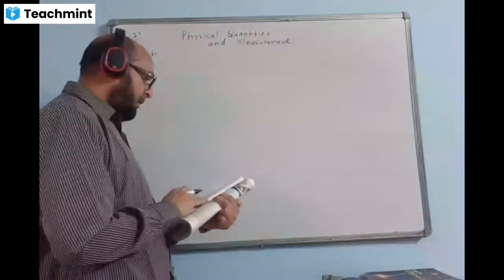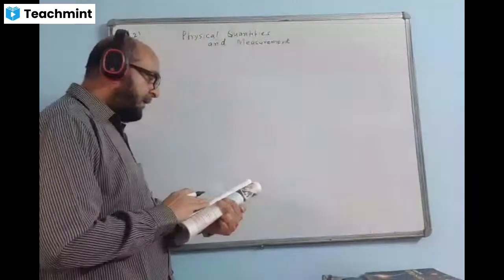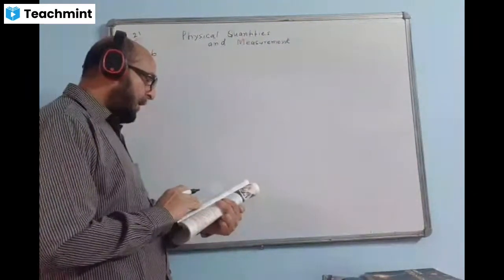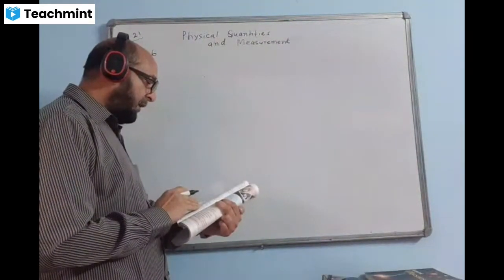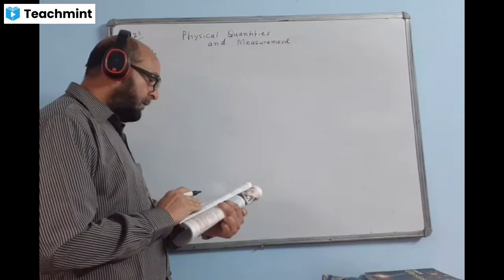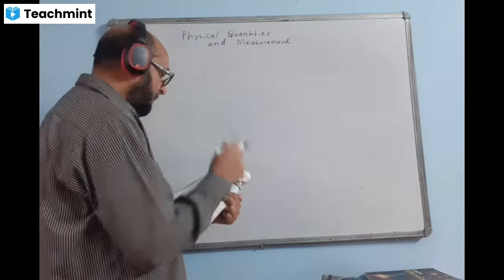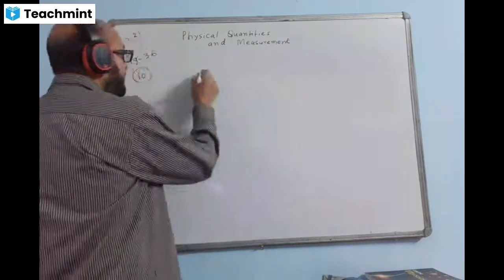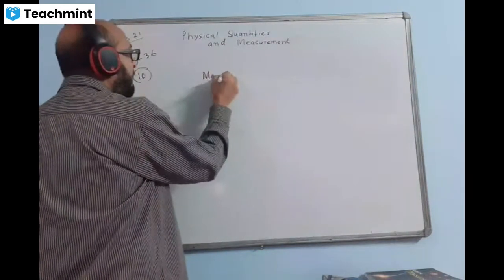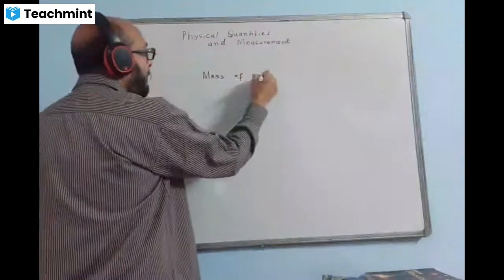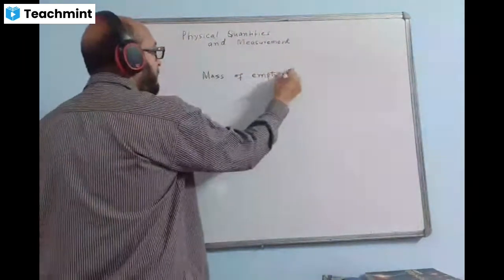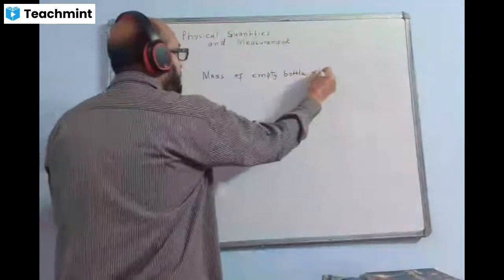So they are given again, mass of the empty density bottle is 22 grams. Mass of the bottle plus water is 50 grams. Mass of bottle plus brine solution is 54 grams. So this question is a similar type. First we'll be writing mass of empty bottle is given 22 grams.